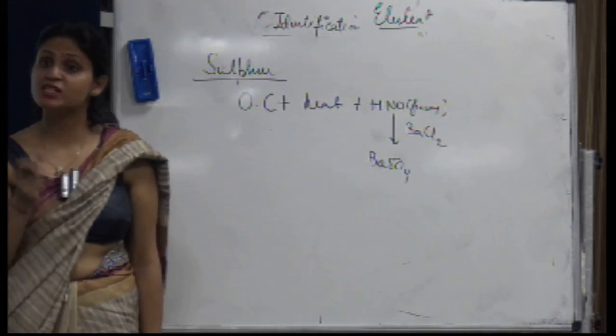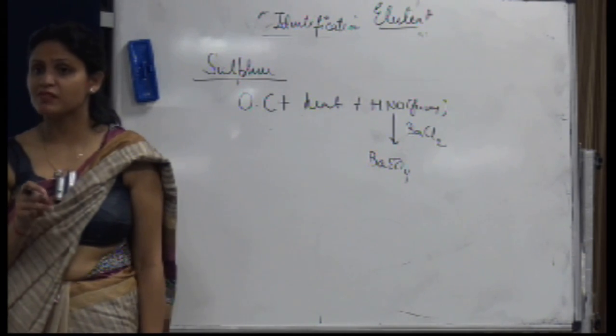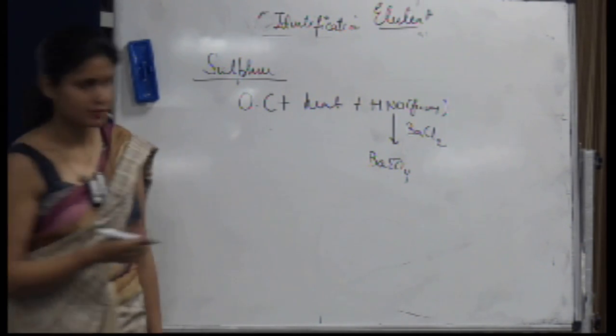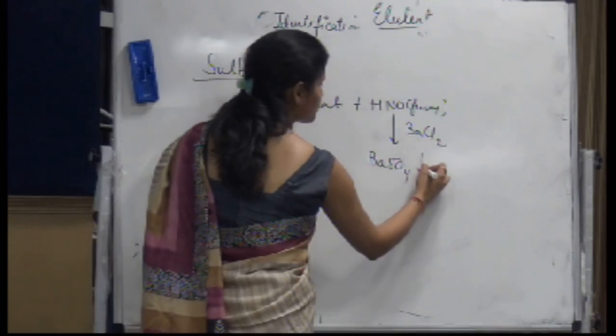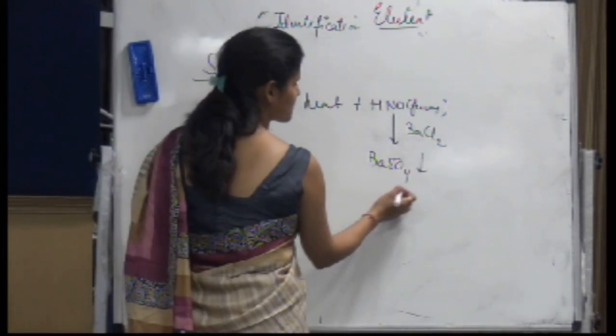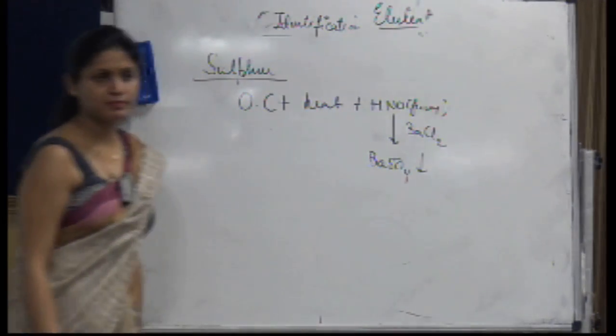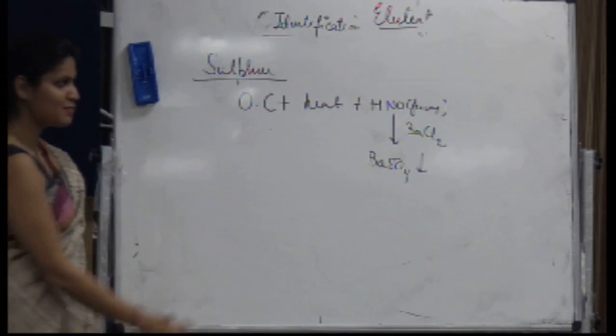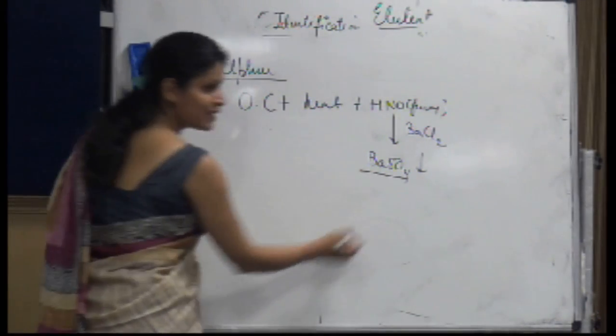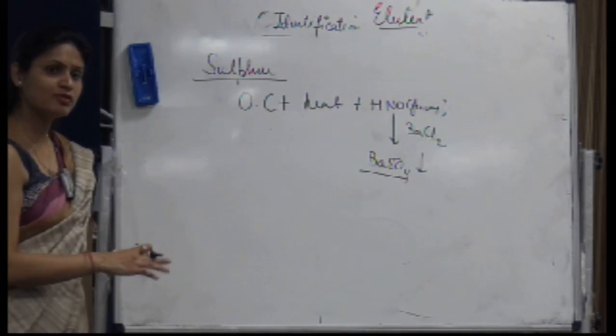Barium chloride is soluble, but barium sulfate is a precipitate. So adding barium chloride to the mixture would precipitate out sulfate. So estimating the amount of barium sulfate, I can find out the amount of sulfur.